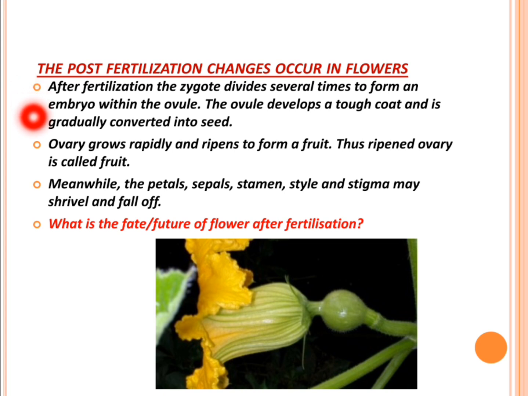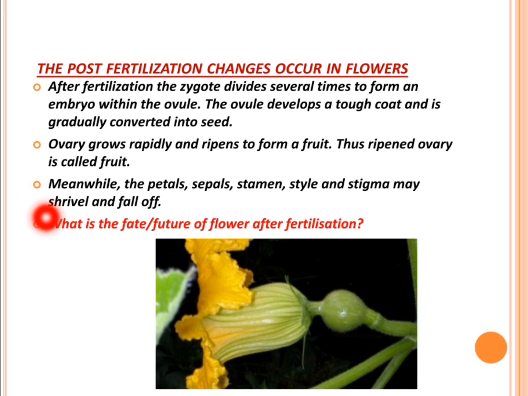Then the ovule develops a tough coat and is gradually converted into seed. In this way, the ovule after fertilization changes into seed. The ovary grows rapidly and ripens to form fruit. So the mature ovary after fertilization forms fruit, and the ripened ovary is called fruit.